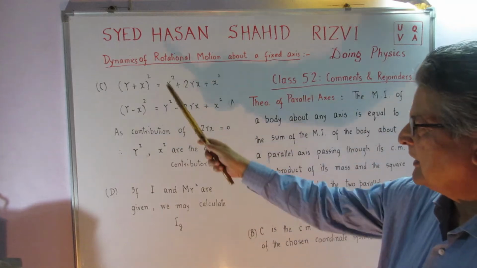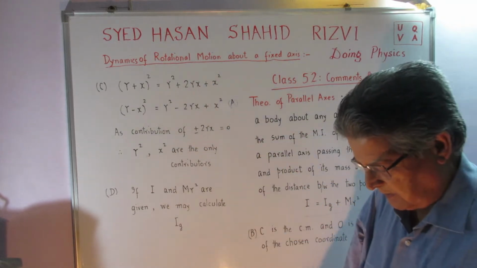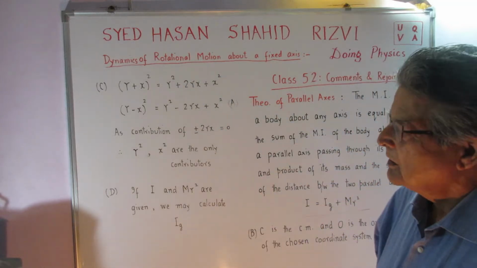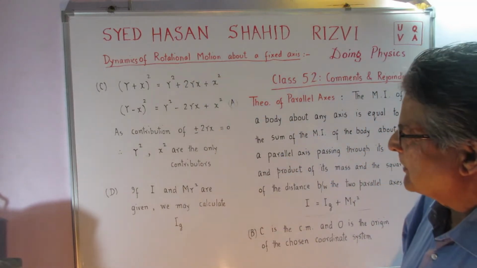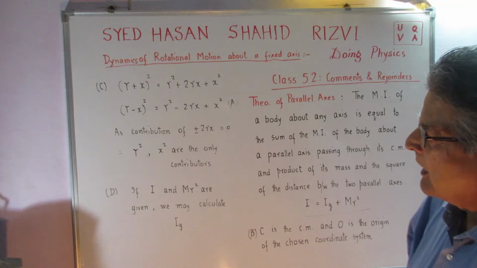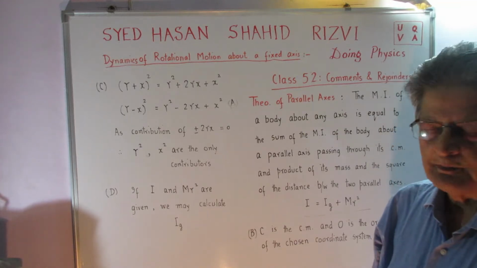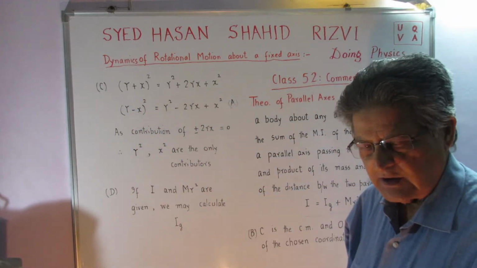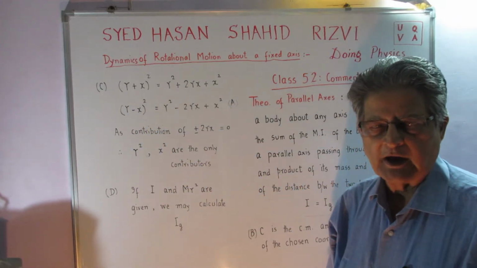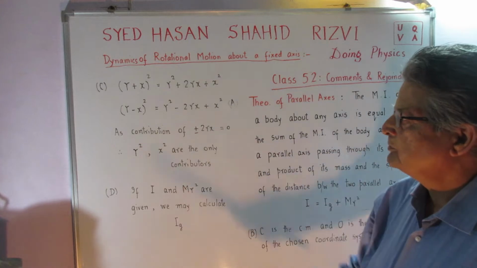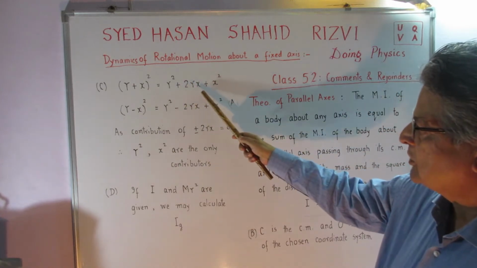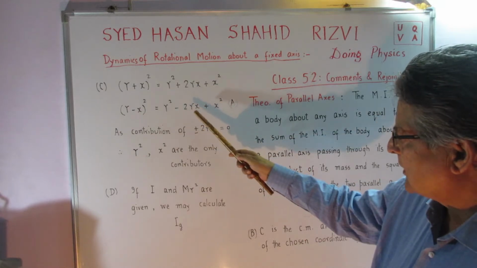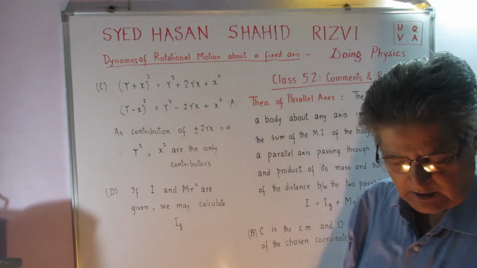Squared it, and thereafter we carried out the mr square and mx square and this and that for the torques that are applied there. We could, of course, take the position of the point such that it's instead r minus x, and then we square. And so we get r square plus 2rx plus x square, and r square minus 2rx plus x square.